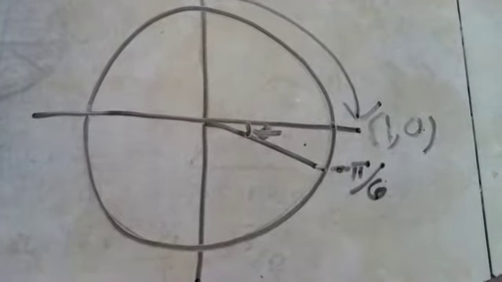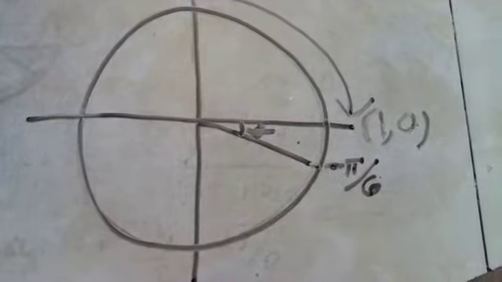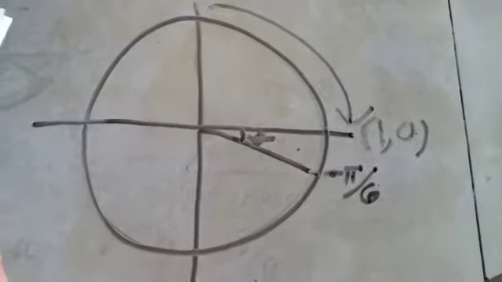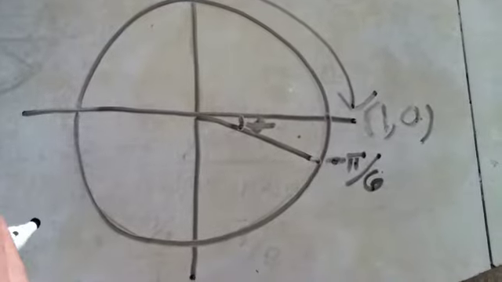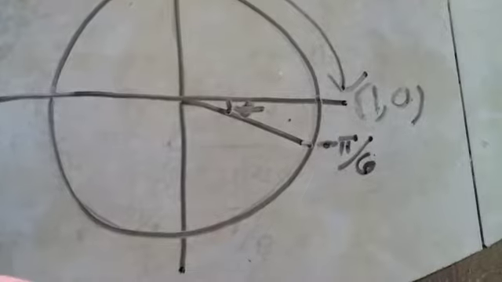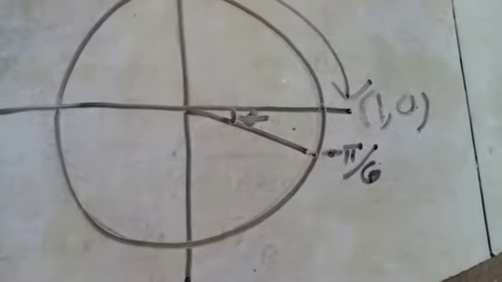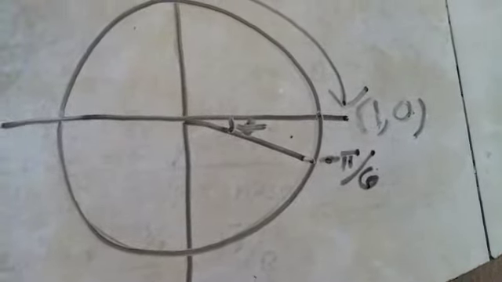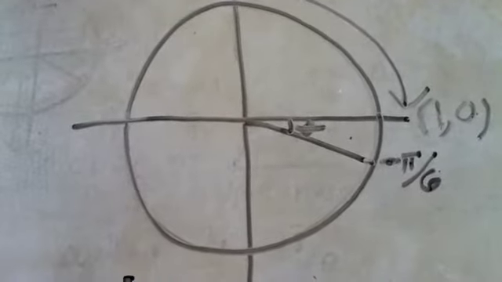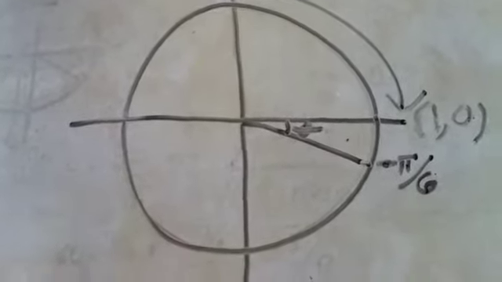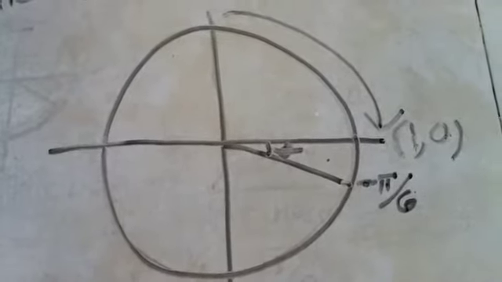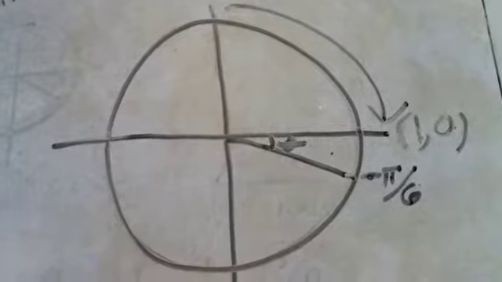Negative pi over 6 has the same magnitude as pi over 6, but not its sign. The cosine of negative pi over 6 is square root of 3 over 2.